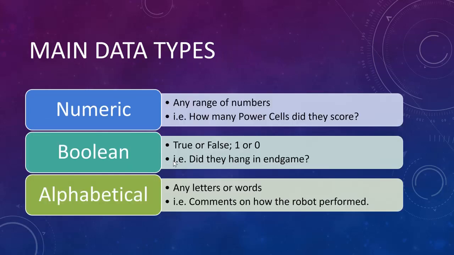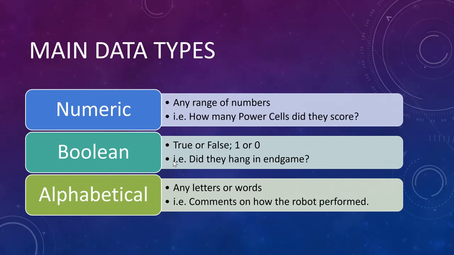There are three main types of data types that we're going to go through. There are numeric data types, and this could be any range of numbers. For example, if you're collecting in your scouting data, how many power cells did this team score? There's Boolean data, which is true or false, and it's usually stored as a 1 or a 0 in the spreadsheet data. And a question you might ask is, did they hang in endgame?